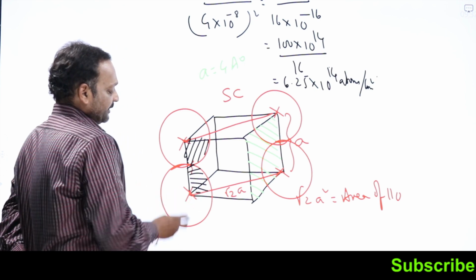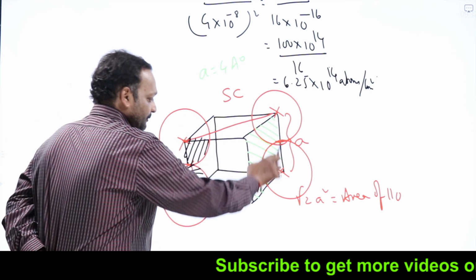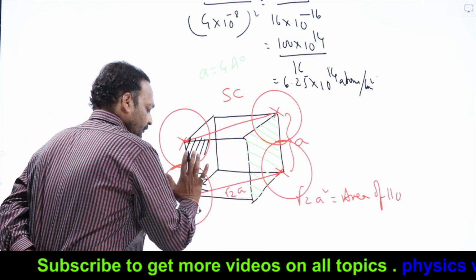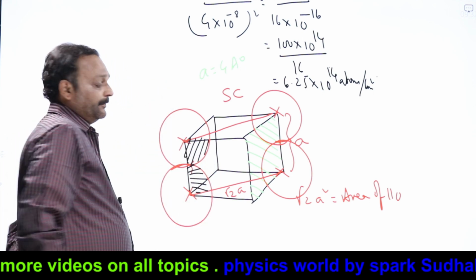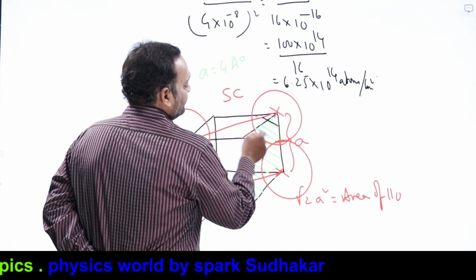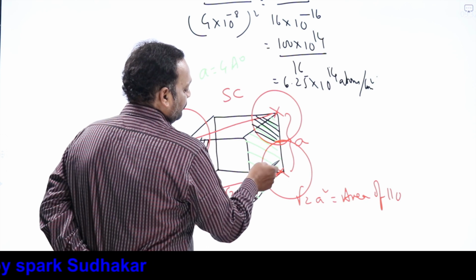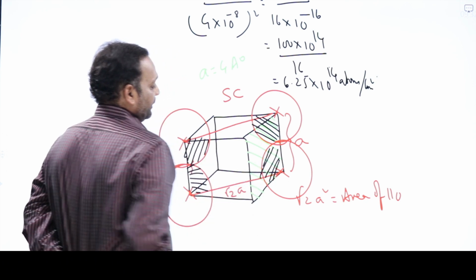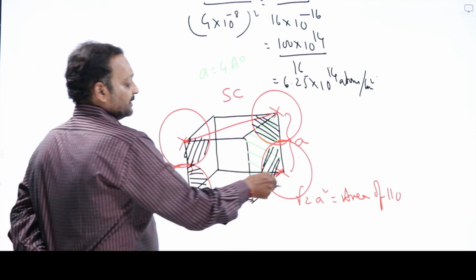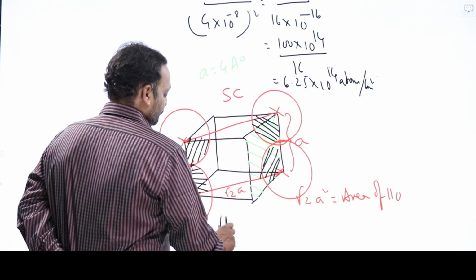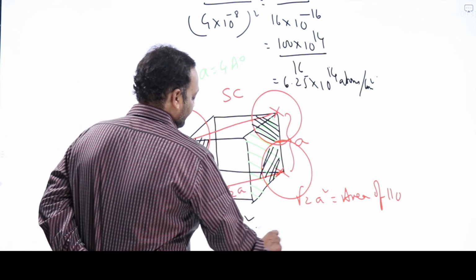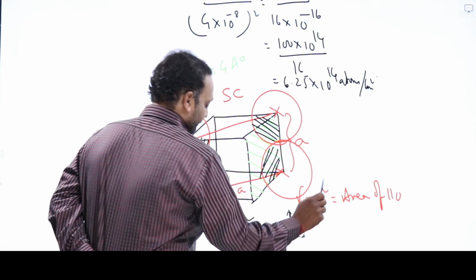From this atom also, our 110 plane covers only 1/4 of the cross-section area. Like this, 4 atoms give only 1/4 each. So root 2 A square area effectively contains 1 atom.